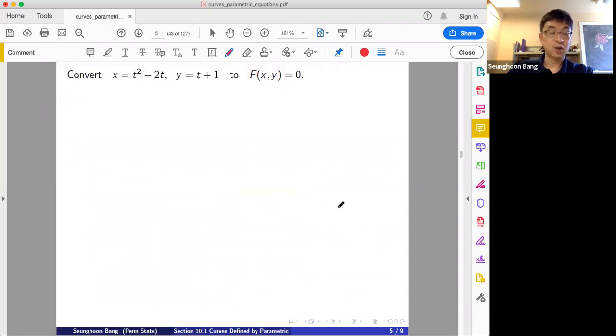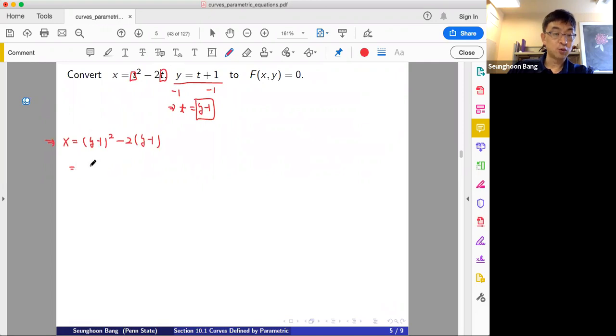You can convert the parametric equation to a Cartesian equation, capital F of x, y equals 0. How can we change it? You can solve this one for t. Subtract 1 from both sides. We have t equals y minus 1. You plug y minus 1 into t. So we have x equals (y minus 1) squared minus 2 times (y minus 1).